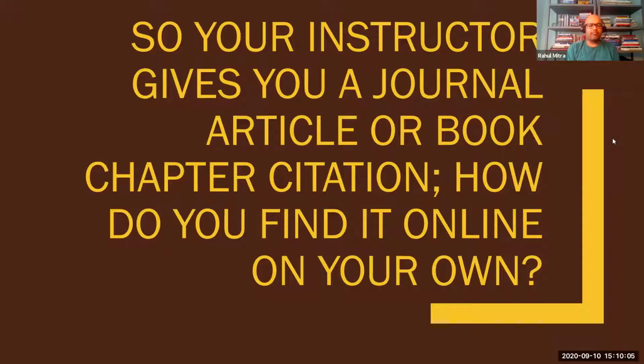If you're a beginning master's student or in a graduate program, chances are this sounds easier than it probably is in practice. So how do you find a journal article or a book chapter citation on your own?